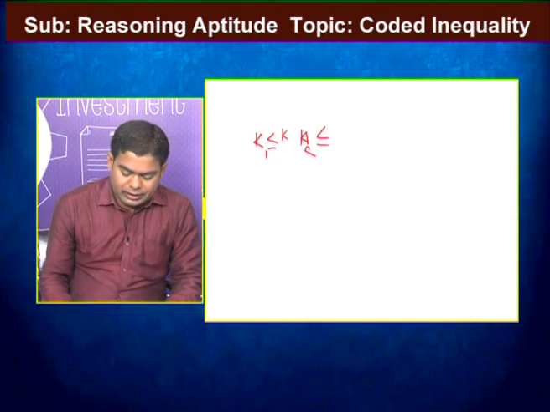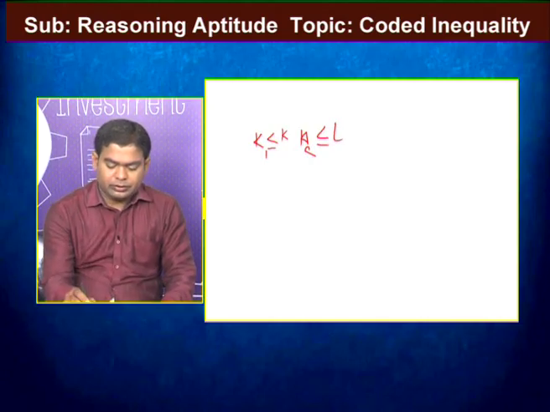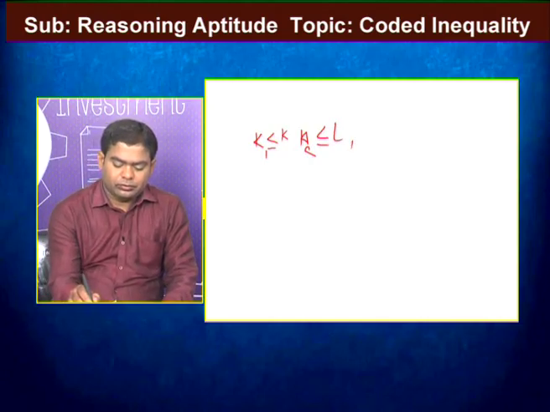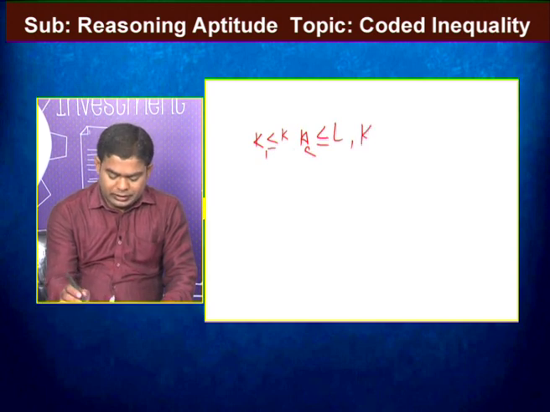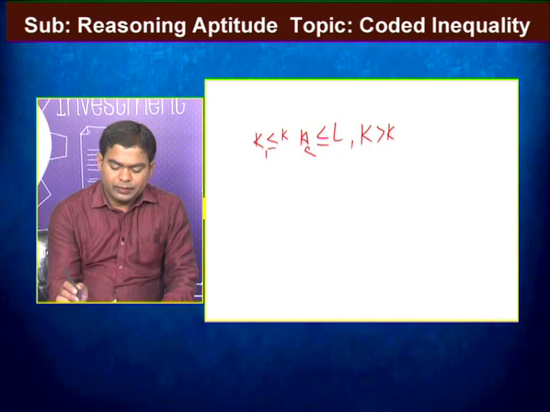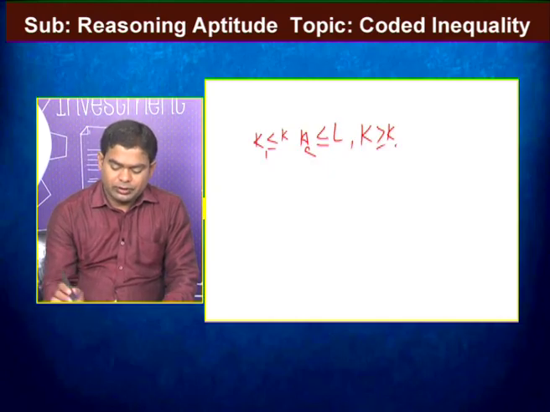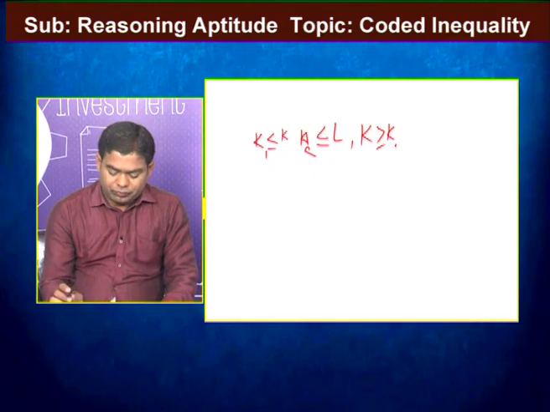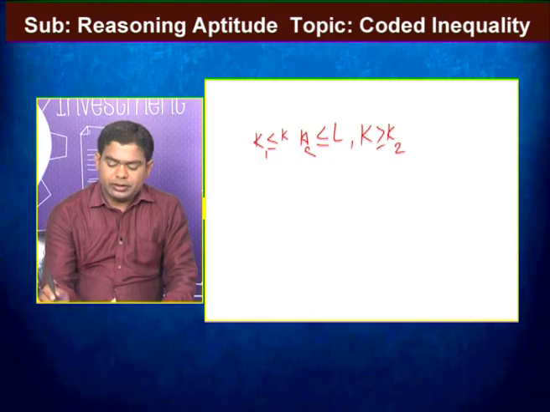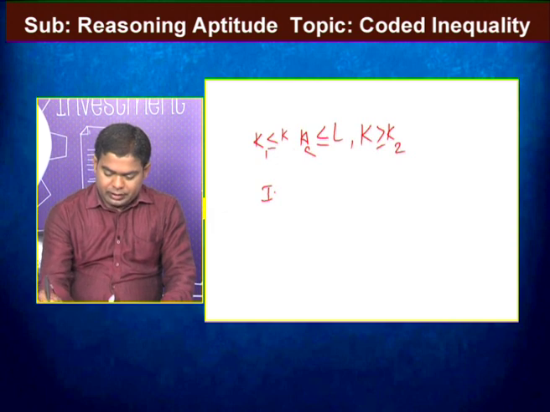The next statement is k2 percentage l, percentage is denoted less than or equal to, so k2 less than or equal to l. Next, k exclamation symbol k2, here exclamation symbol is denoted greater than or equal to, that means k greater than or equal to k2.